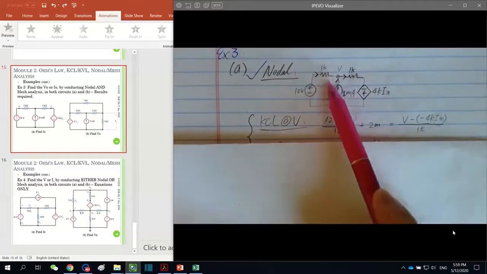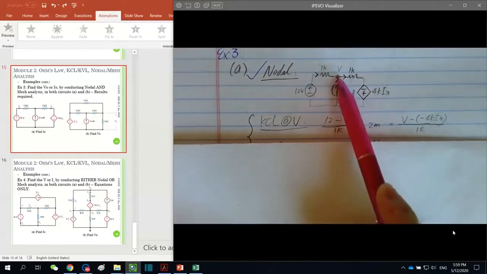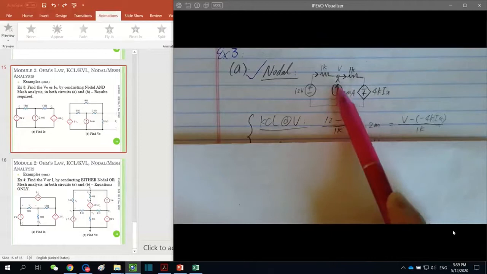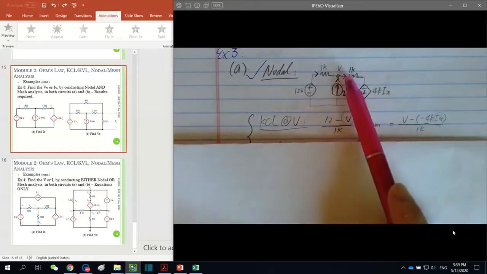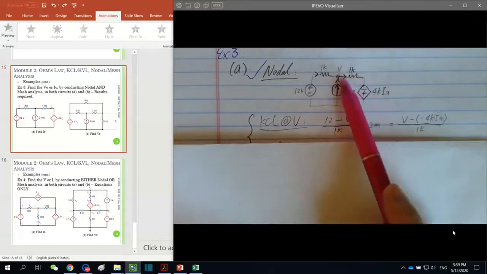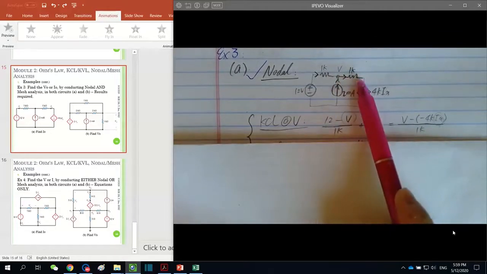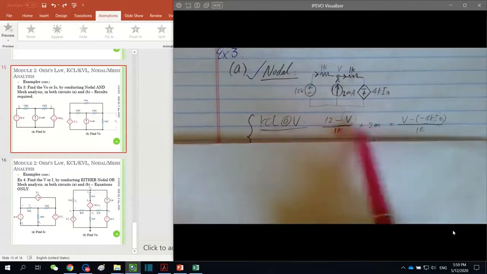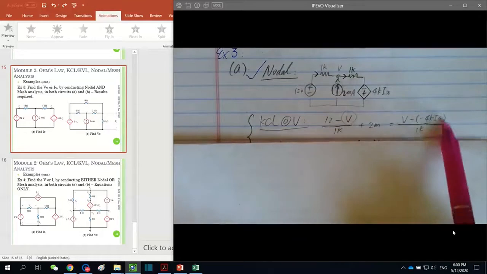It's another current entering this node V, which is provided by the independent current source, 2 milliampere, equals the current leaving node V, which is the current through the 1 kilo ohm here, towards right. So 2 currents entering the node equals 1 current leaving it.